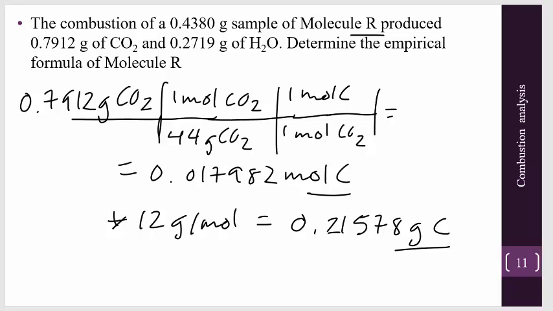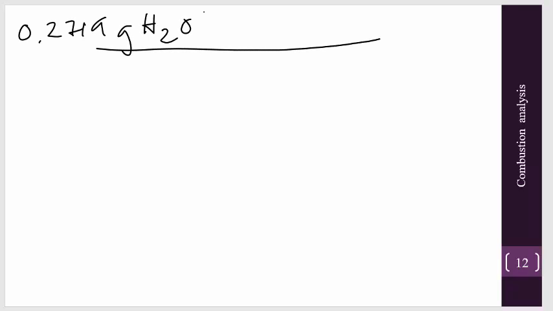Now let's do the same for the water. So we have this 0.2719 grams of H2O that was produced in the combustion reaction. 18 grams per 1 mole.